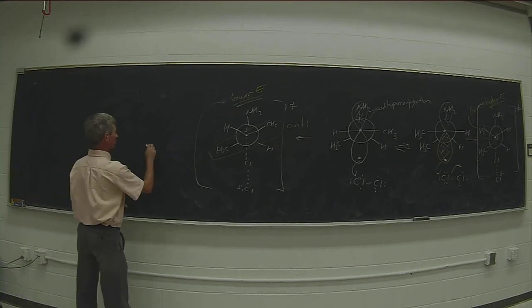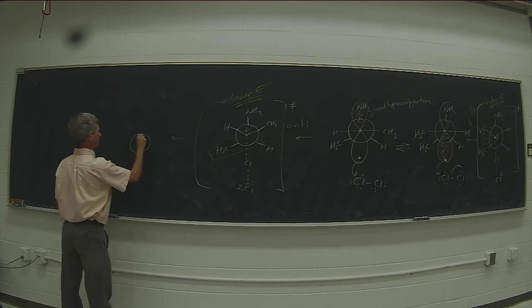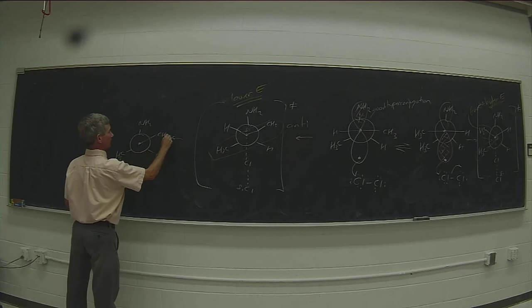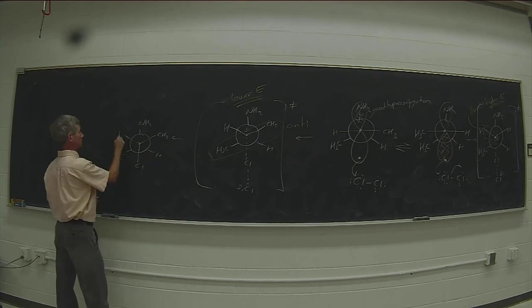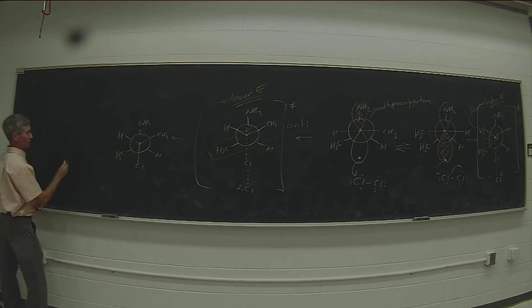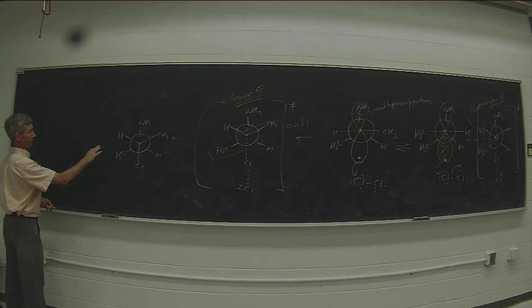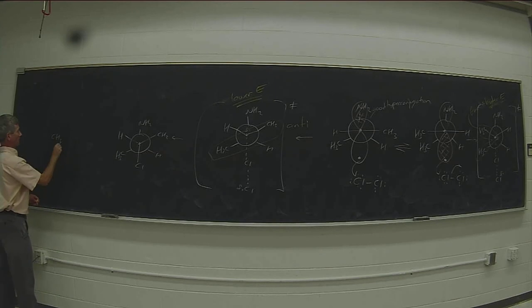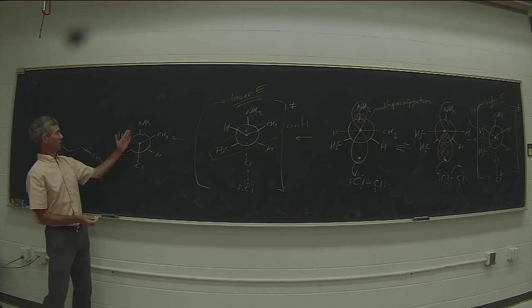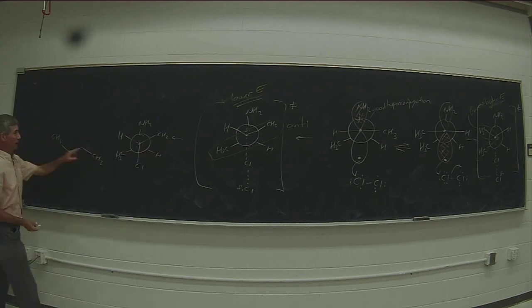The product that would result would look like that in this case, and if I then redraw it so that it's in a staggered conformer, so I'm flipping it this way so this methyl group is pointing up, this one's pointing down.